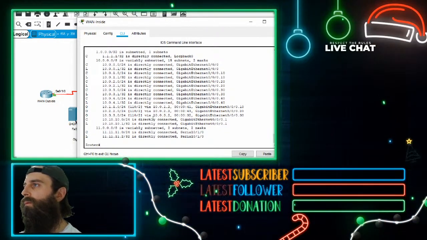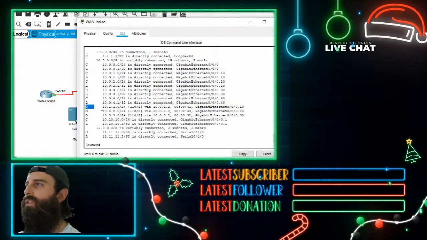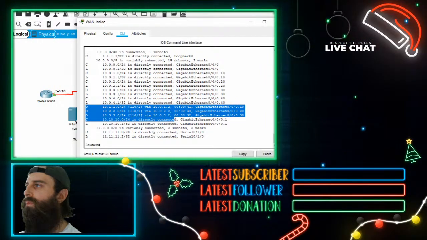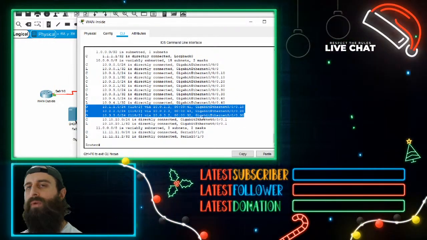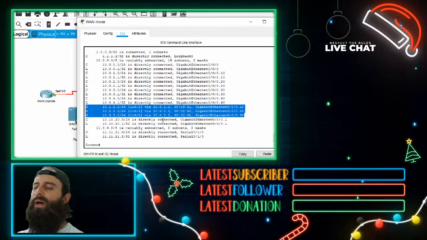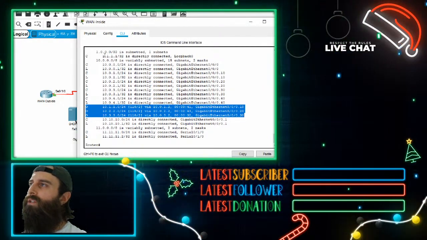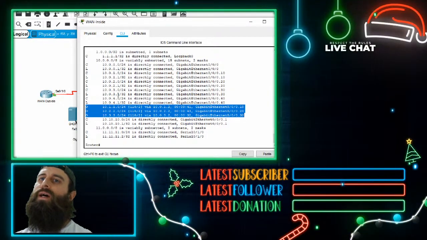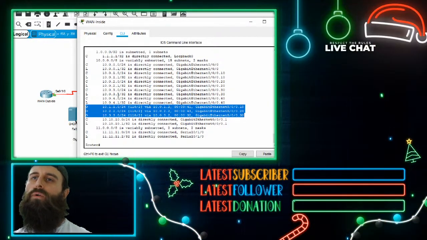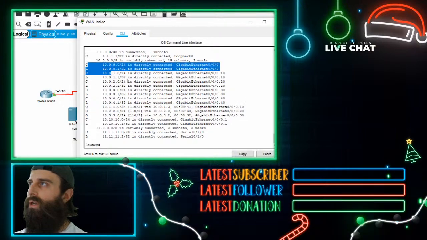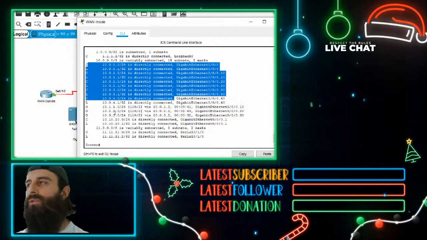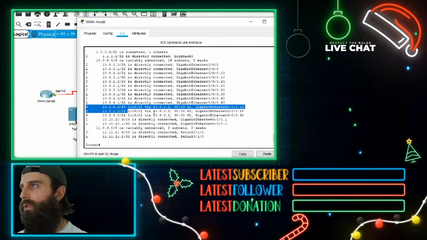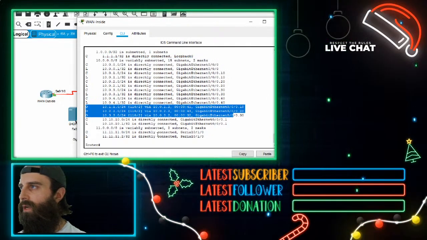But the ones you see with O, the ones, the twos, the threes, those are parts of those networks on the other routers. That's why you're seeing so many of these. These are the local inside addresses. These are all the local outside addresses. These are the local inside addresses. Okay. All right.